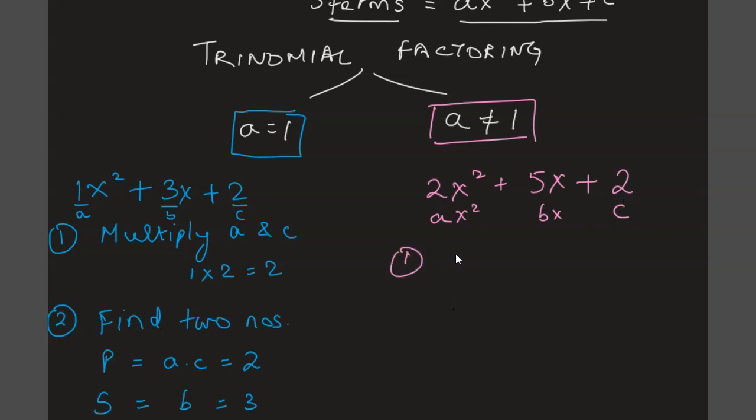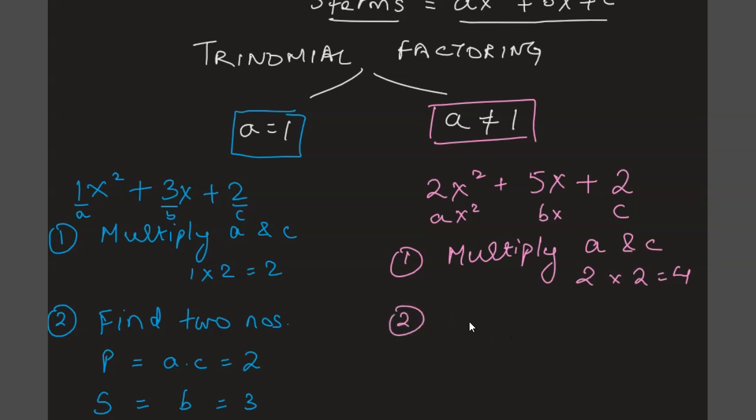My first step in factoring when a is not equal to 1 is the same thing as when a was equal to 1: multiply a and c. My a is 2 and my c is also 2, so my product is 4.